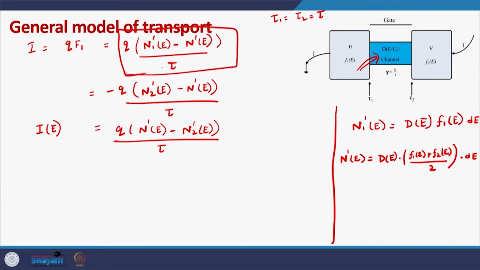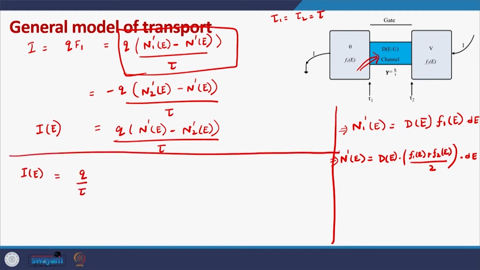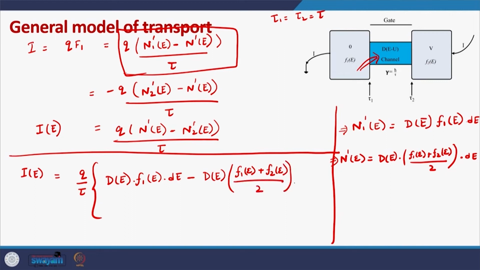So, if we take this part and put the values from here, I(E) will be q by tau times n1'(E), which is essentially dE times F1(E), minus n'(E), which is dE times (F1(E) + F2(E))/2.